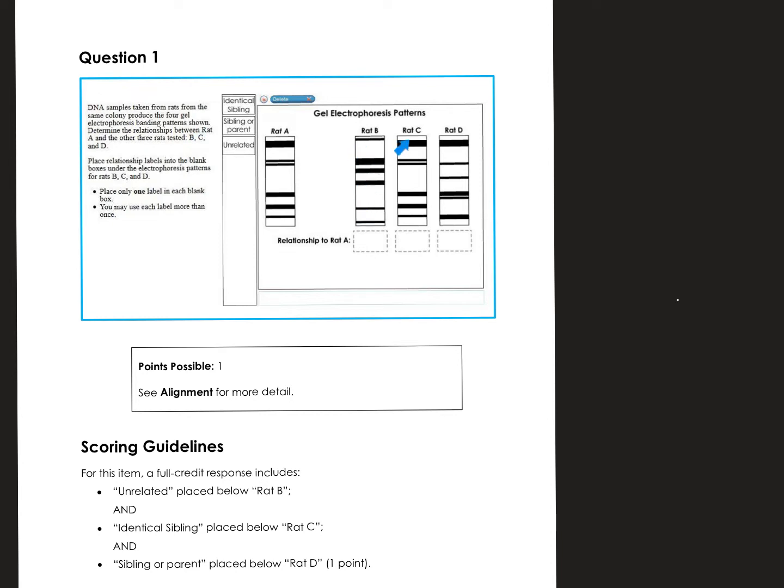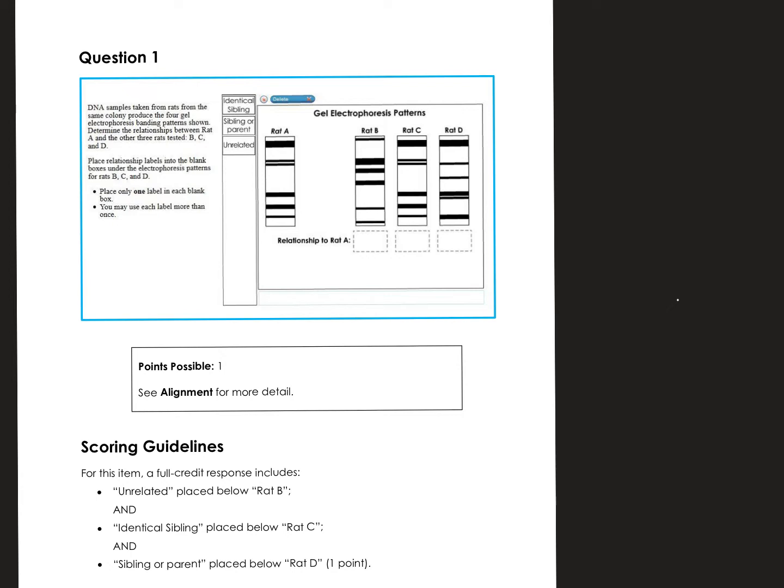So you've got rats B, C, and D, and there's A. Determine the relationship between rat A and all the other 3 rats, B, C, and D. So one of these is an identical sibling, another one's a sibling or a parent, and the third is completely unrelated.